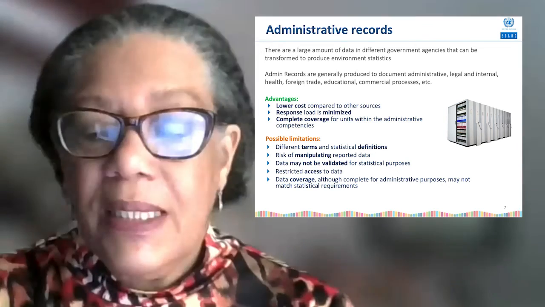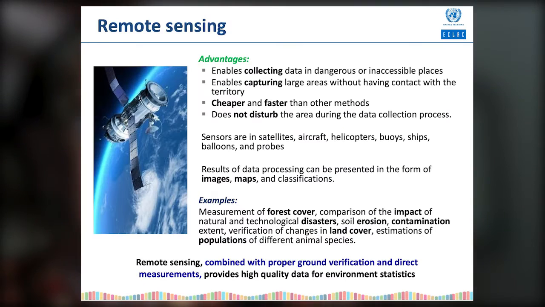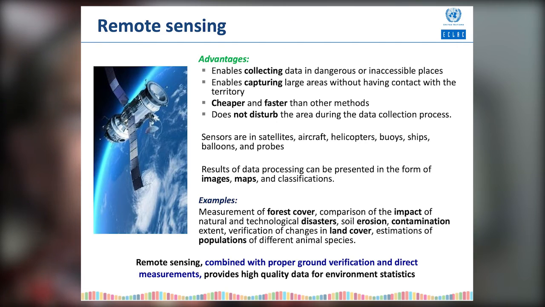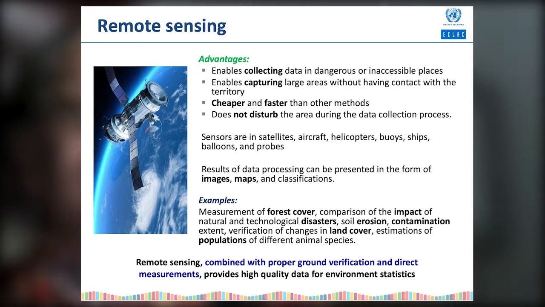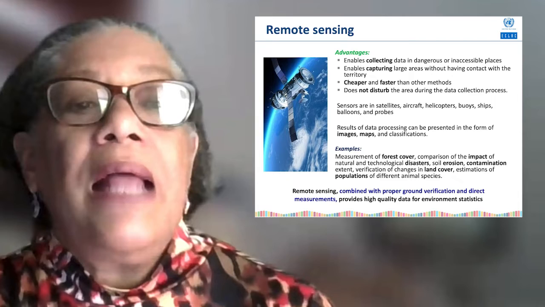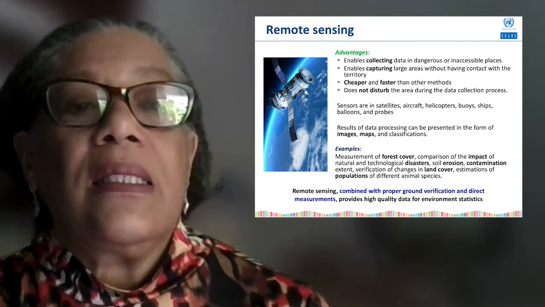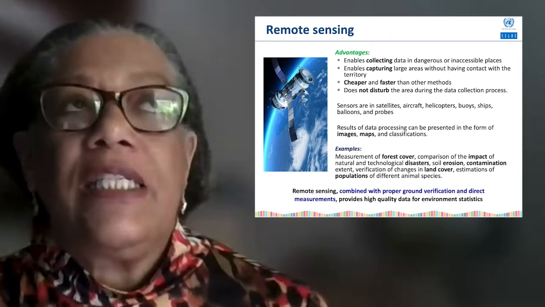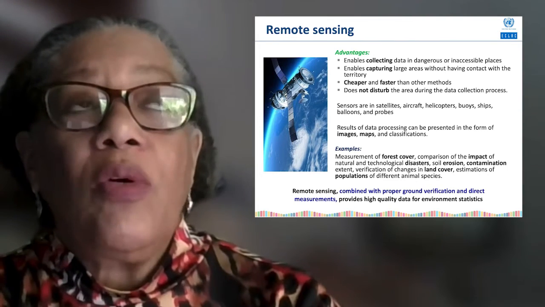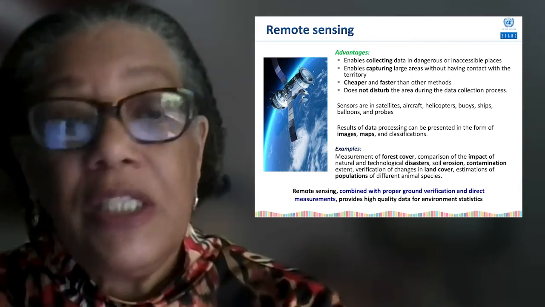for environment statistics. When we look at remote sensing, we'll find that the advantages here are that data can be collected for dangerous and inaccessible places in the country. And we can also capture a lot of data for large areas without having to enter the territory.